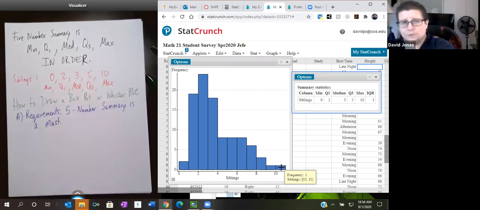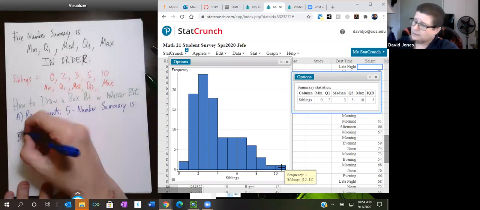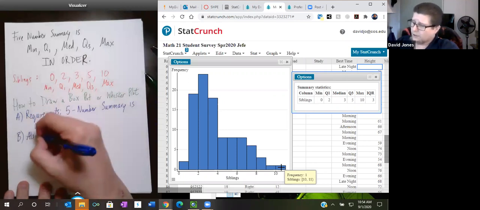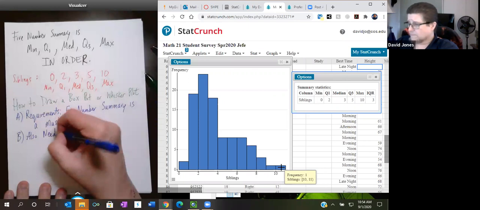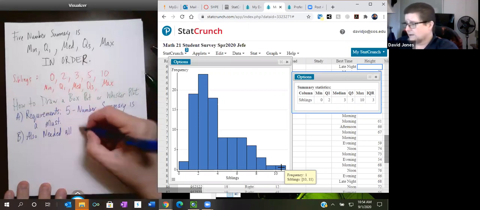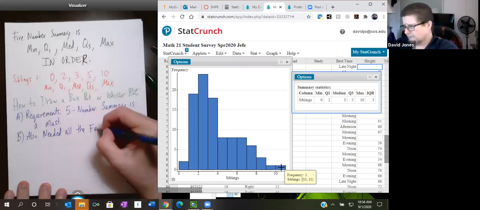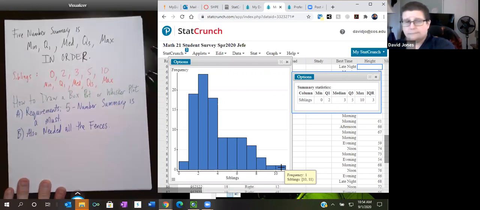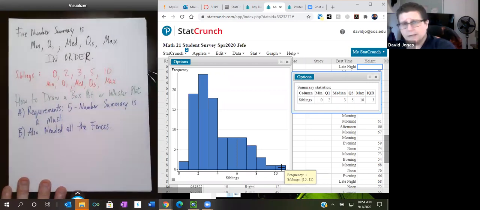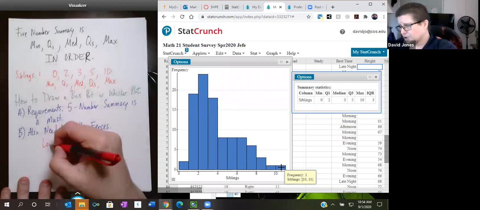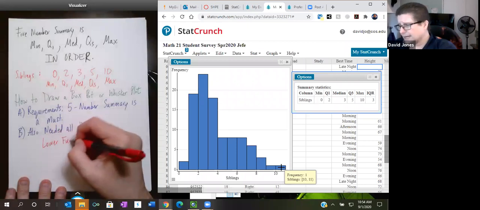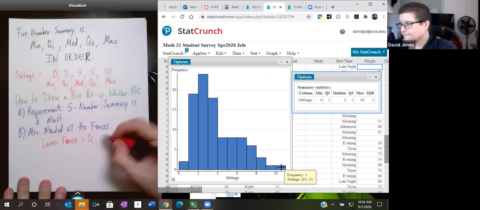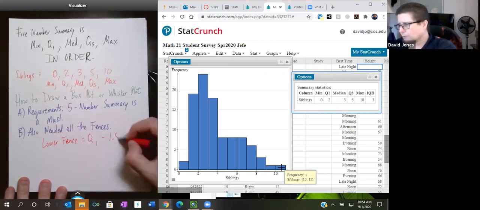We also need the lower and upper fences. As a reminder, the lower fence is Q1, whatever value that is, minus 1.5 times the IQR.